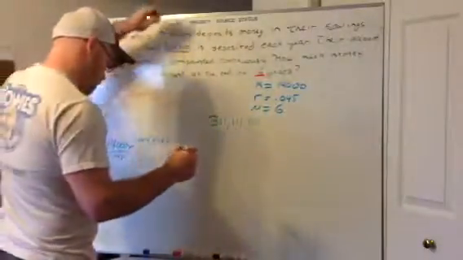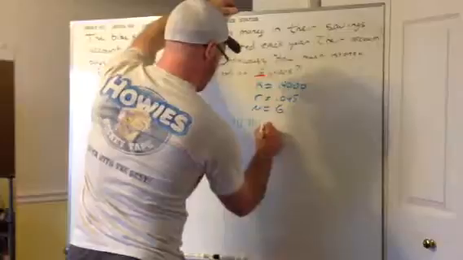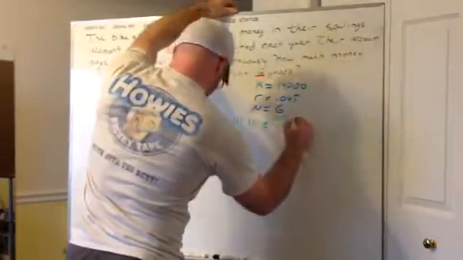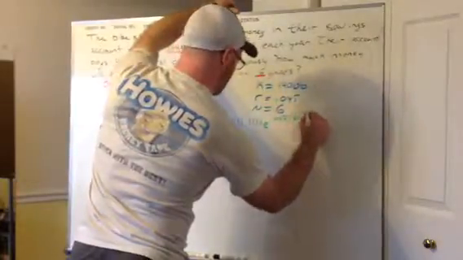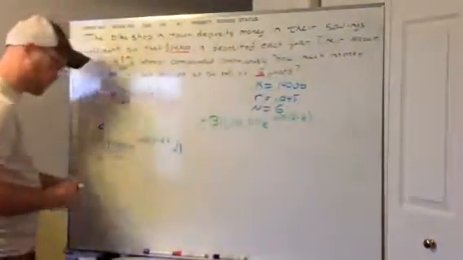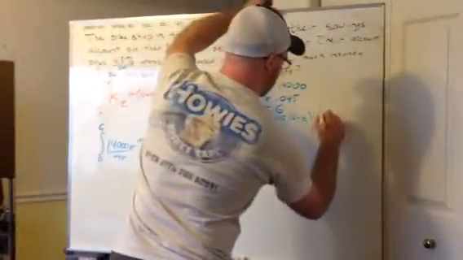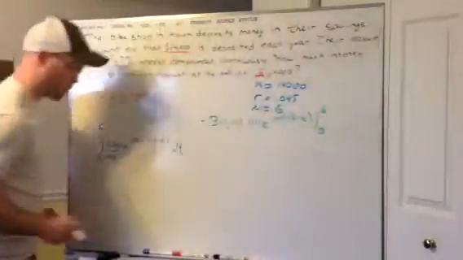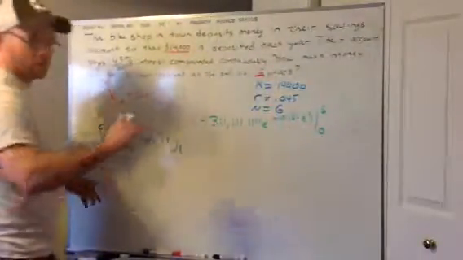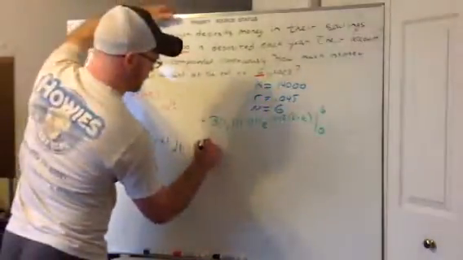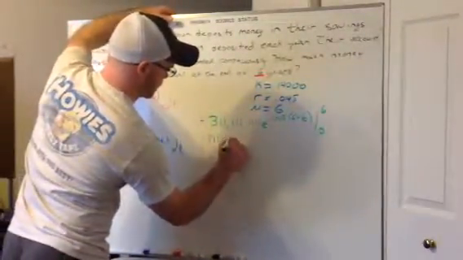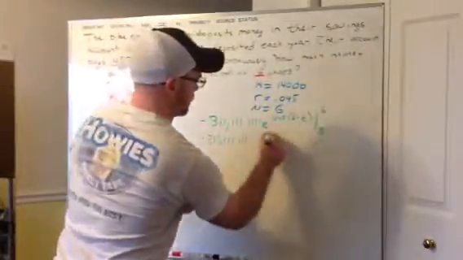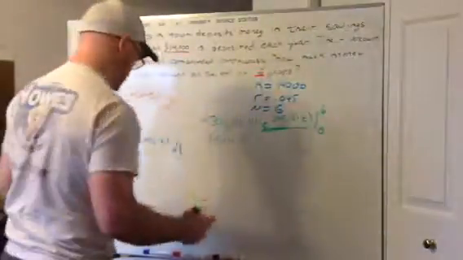Then that's times e to the 0.045 times (6 minus t), evaluated from 0 to 6. We'll do this section separately.